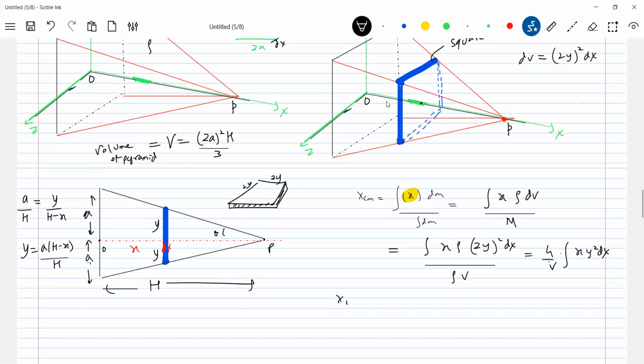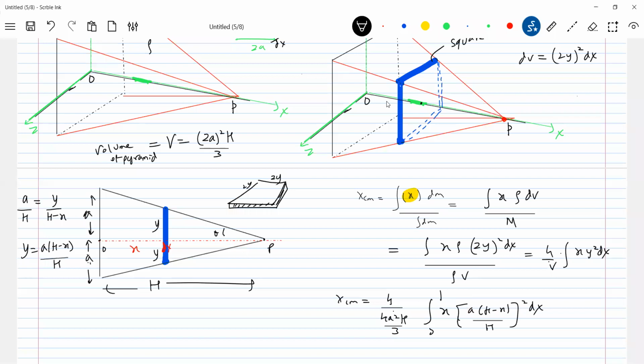So xcm is equal to 4. Volume is how much? 2 of 4. This will be 4a square h by 3. Integral of x, the value of y will be a times h minus x by h, whole square dx.